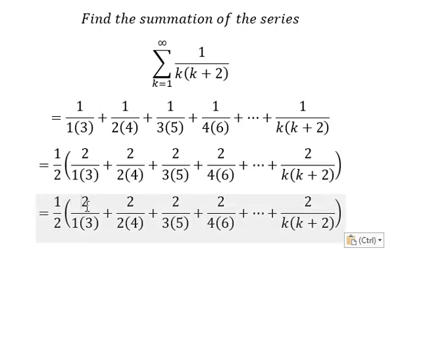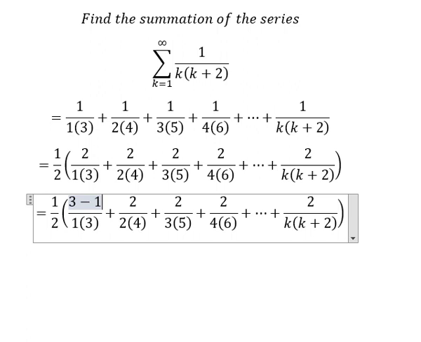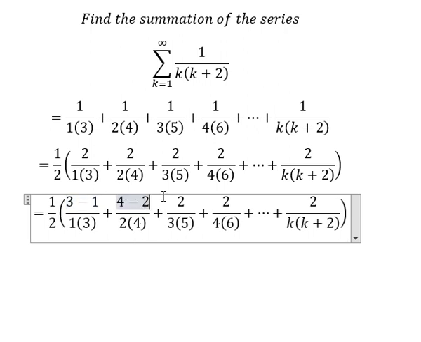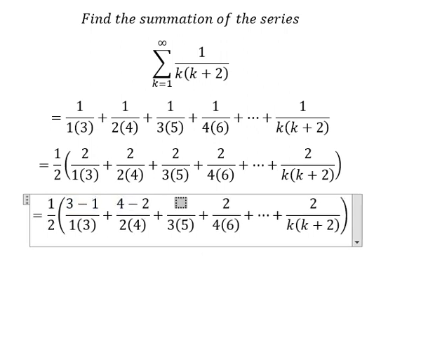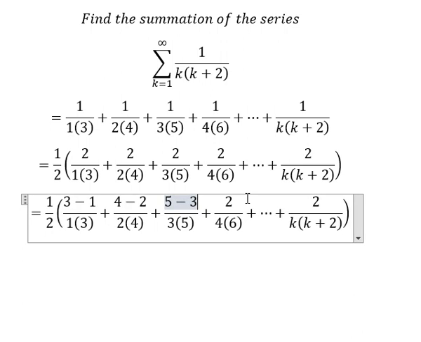So number 2, that is 3 minus 1. Number 2, that is 4 minus 2. Number 2, in this one, we have 5 minus 3, and so on.